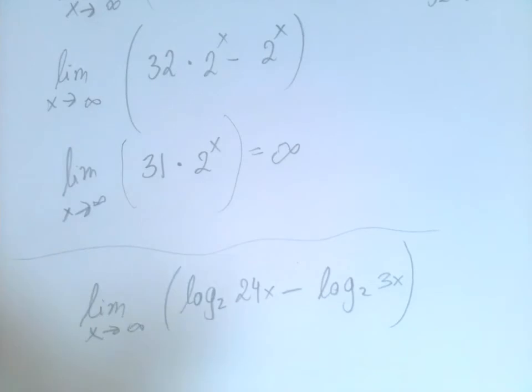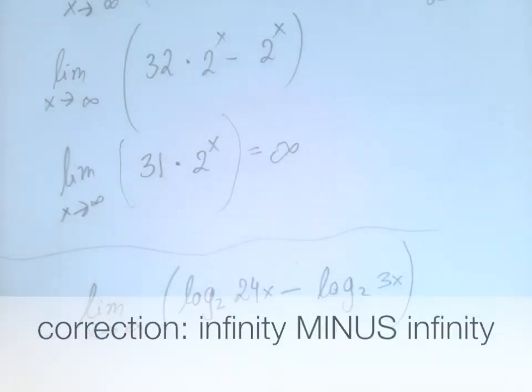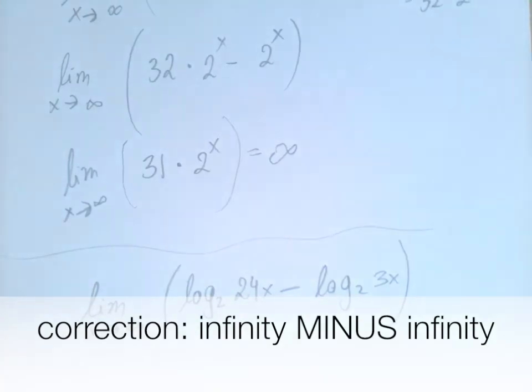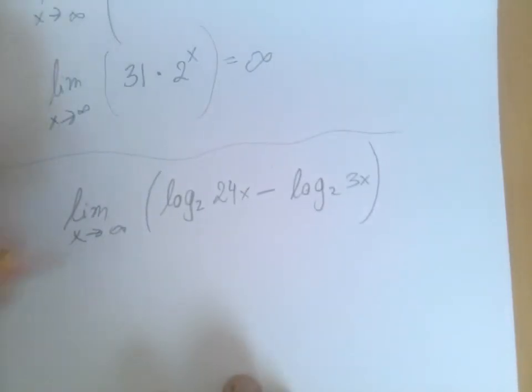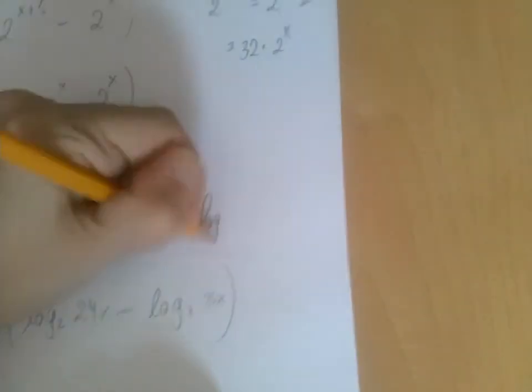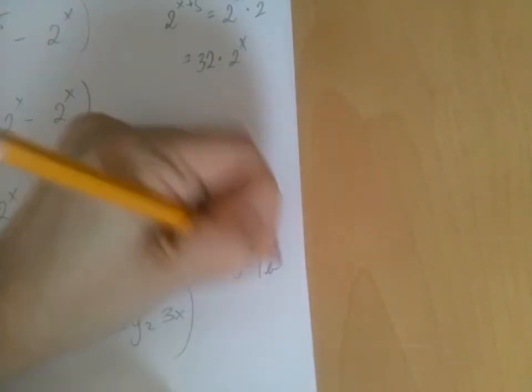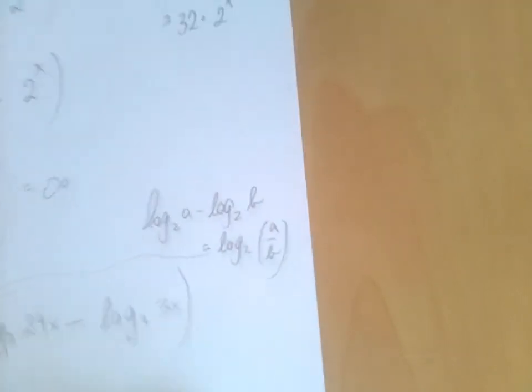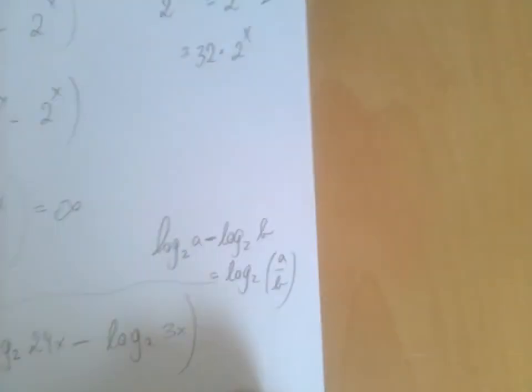Both of these functions approach infinity, so we are again dealing with an infinity over infinity type of indeterminate. But this expression can be easily consolidated, because if you have a common base and you subtract two logarithms, that can be simplified into log base 2 of their quotient. It's a very fundamental rule in logarithms. This is the week when you should work on the logarithms.